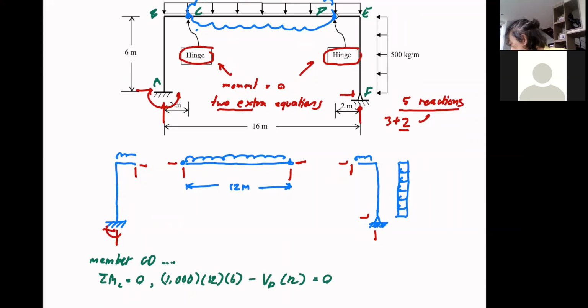So it's exactly a half, right? So we know that VD is 6,000.